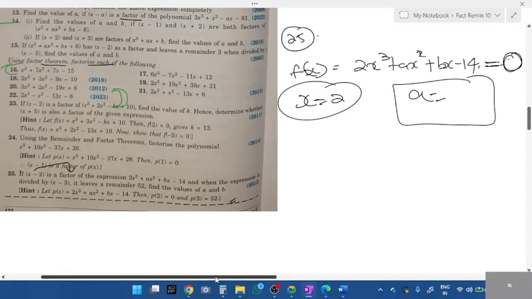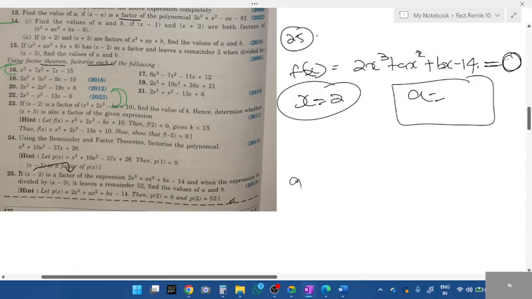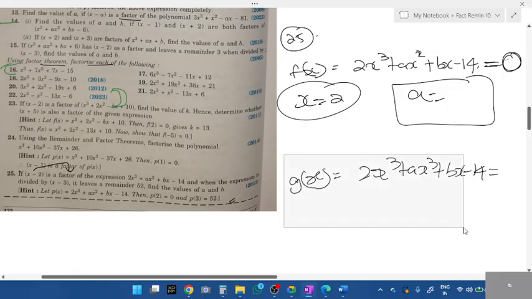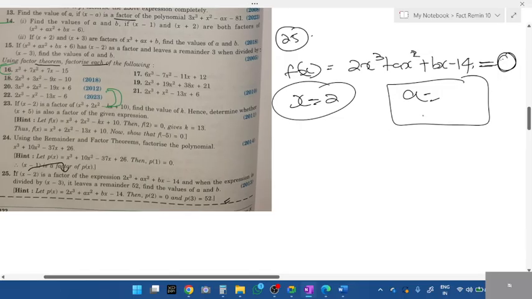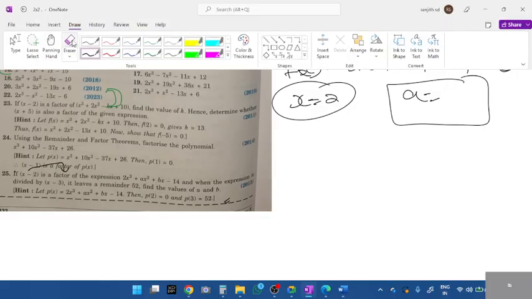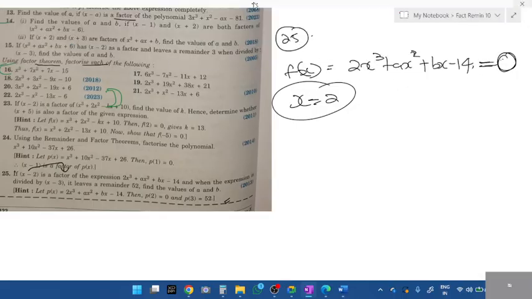Next. Take the same equation, write g of x, 2x cube plus ax square plus bx minus 14 is equal to... A and B both are given. After 2 minutes, we'll end the class. I'll solve this and show you. Look, x is equal to 2.